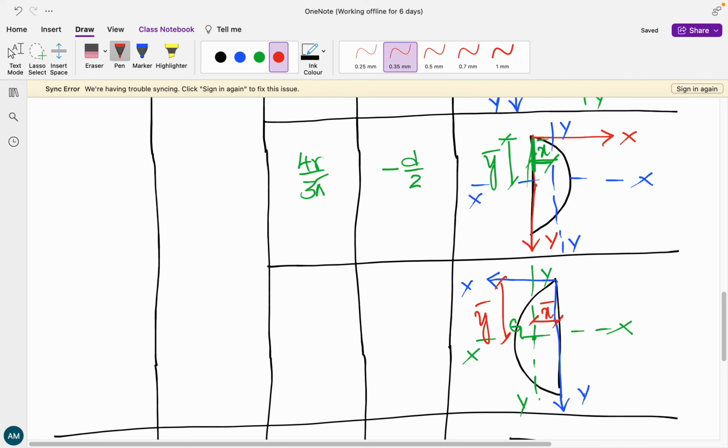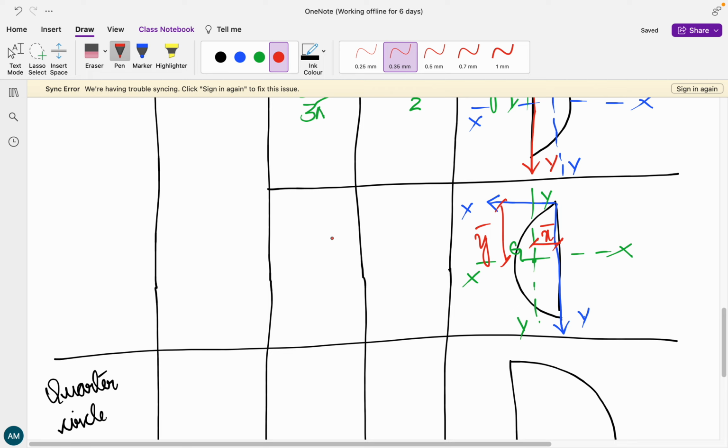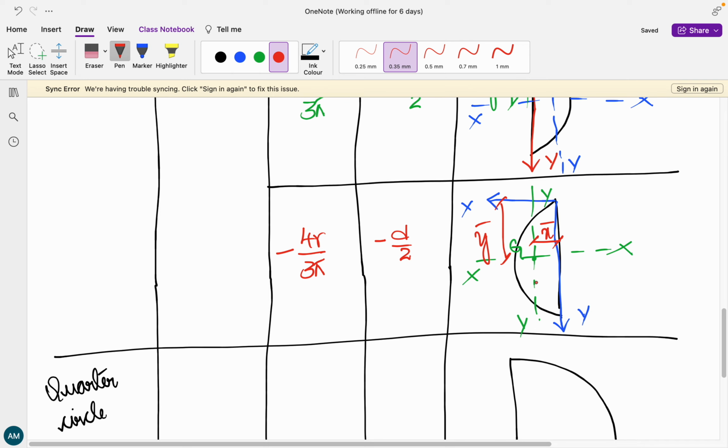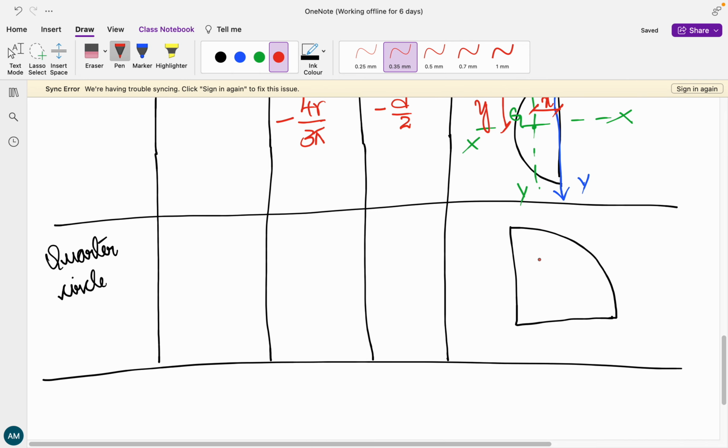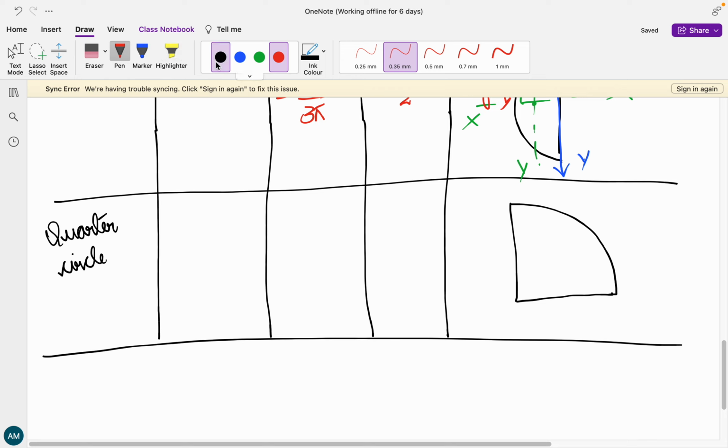So similarly, how we have written x bar as 4r by 3 pi, here also we are going to write it as 4r by 3 pi with a negative sign because it is along the negative x-axis, and y bar is going to be d divided by 2 with a negative value because it is going to be along the negative y-axis.